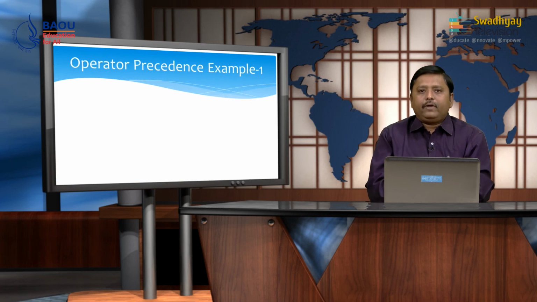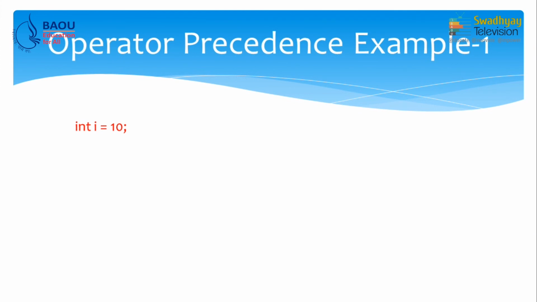Now, we take one example. For example, we have integer i set to 10, and we write int n equals i++ and then modulo 5. So, you might think what will be the answer and which operator is evaluated first.